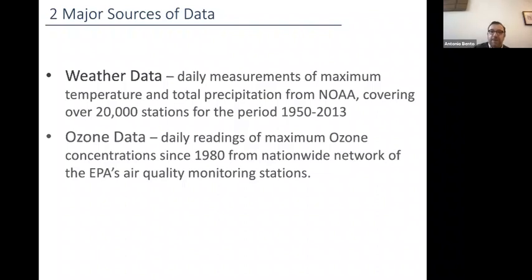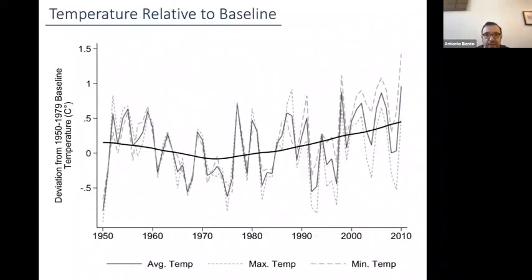We're going to have daily readings of maximal ozone based on the monitoring stations by the EPA, and we are going to combine these with weather data, and then, of course, through the Code of Federal Regulations, we have all the attainment status for the criteria pollutants, for the precursors as well as ozone.